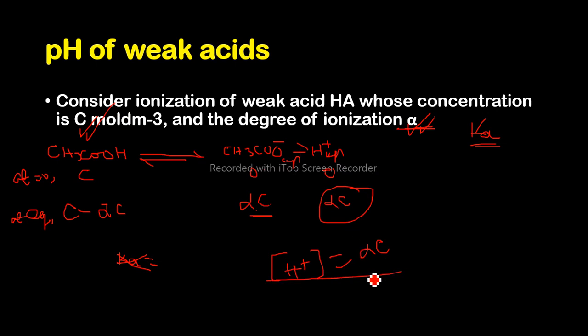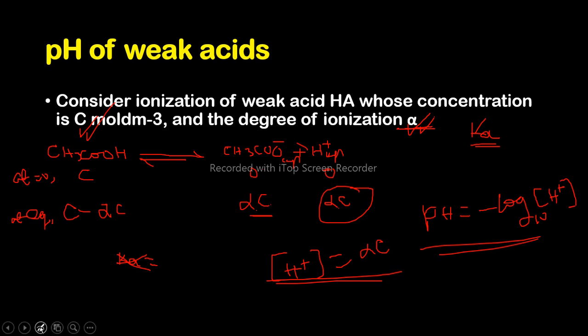Then you find the pH, which is equal to negative logarithm to base 10 of the concentration of hydrogen ions. And you have the pH, as simple as that.